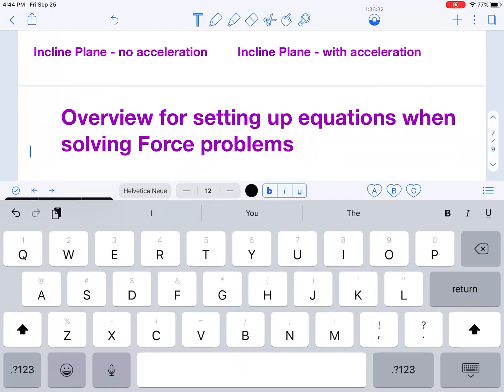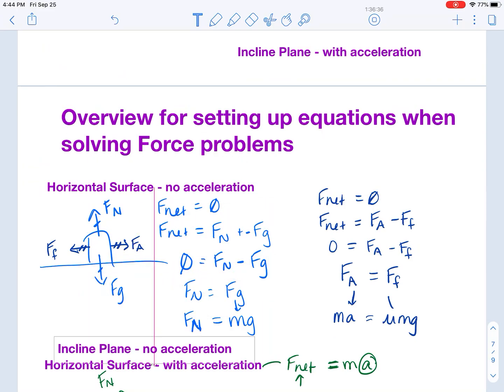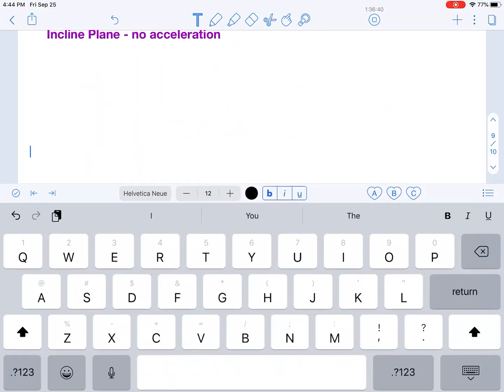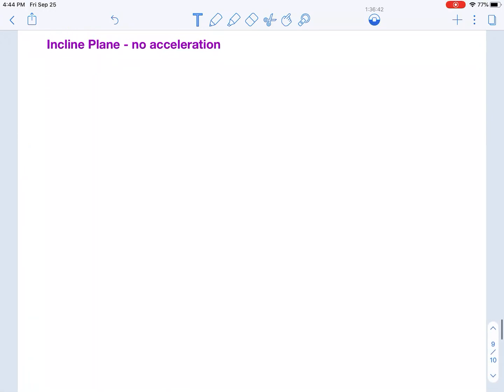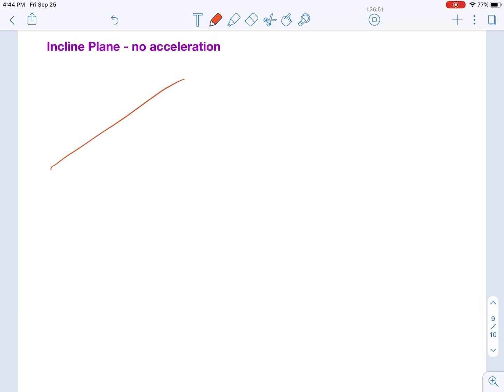All right, now let's talk about inclined planes. If we have an object that is on an incline and there is no acceleration, all right? So let's take our surface and let's tilt it.